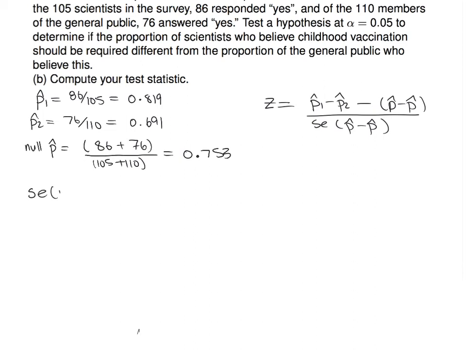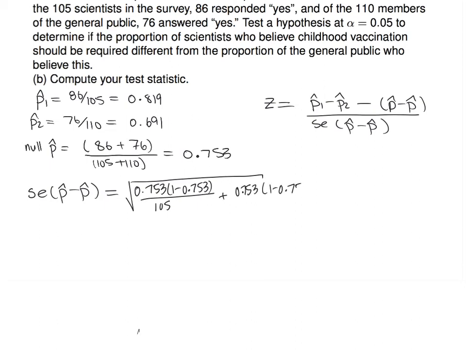Okay, so that standard error of p1 hat minus p2 hat, well, that's going to equal big old square root sign 0.753 times 1 minus 0.753 over n1, which is 105, plus 0.753 times 1 minus 0.753 over 110, which works out to be roughly 0.058.